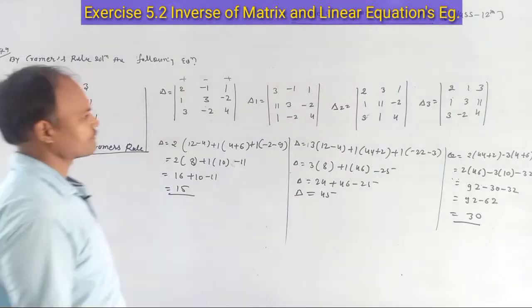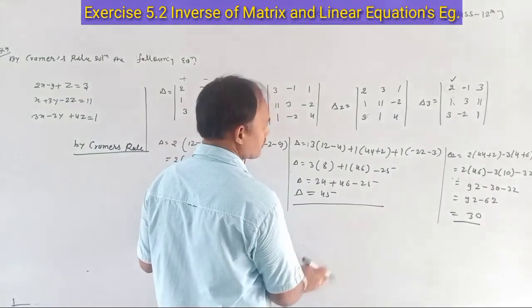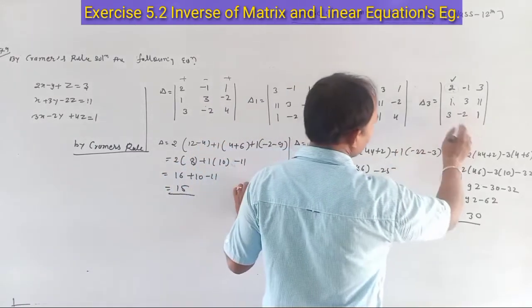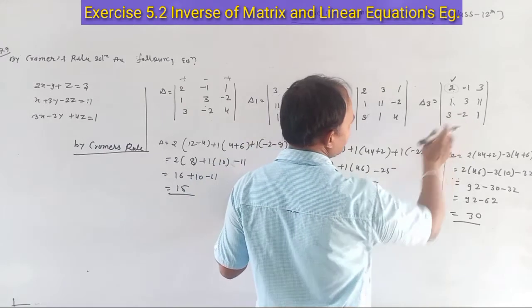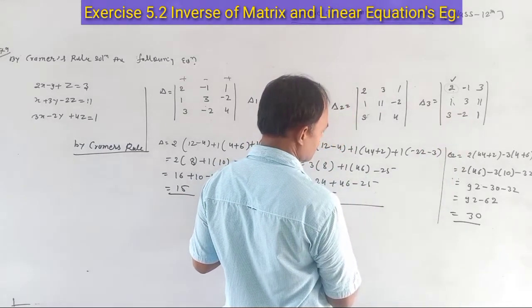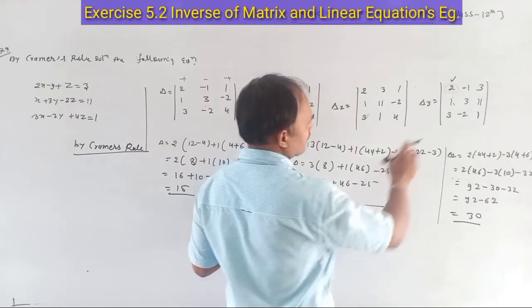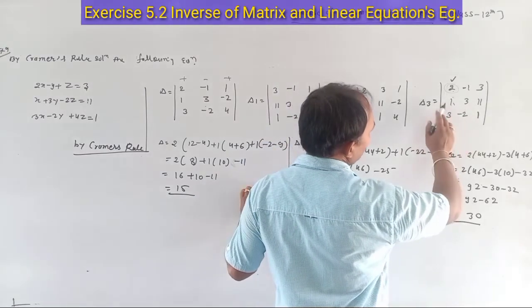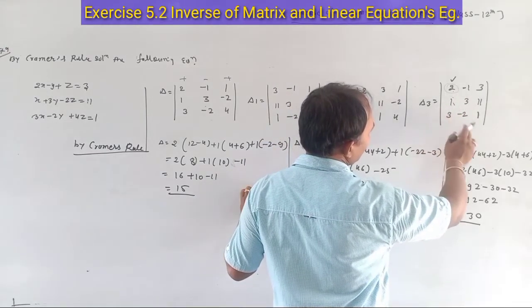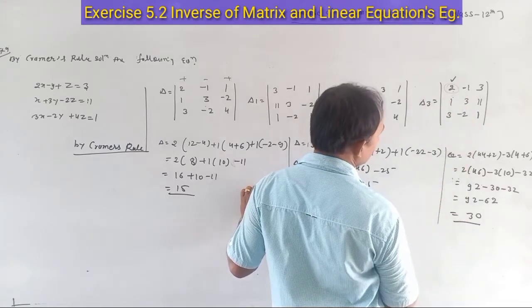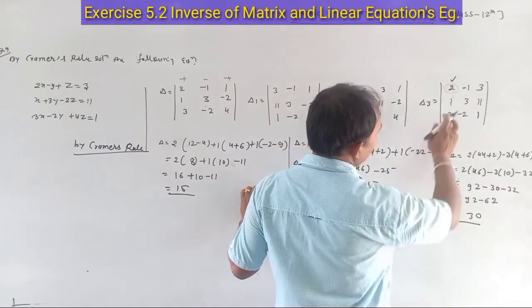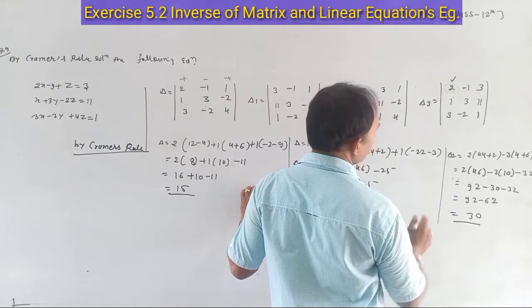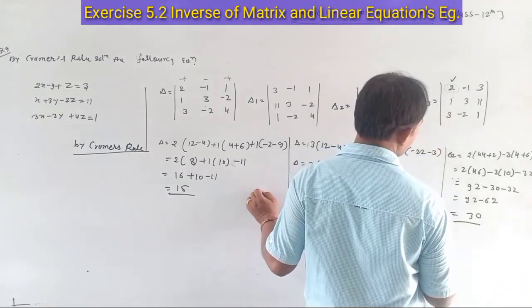Now the next one is delta 3. Delta 3 equals 2 times 22 plus 3, minus 22, plus 1 times 1 minus 33, and so on.